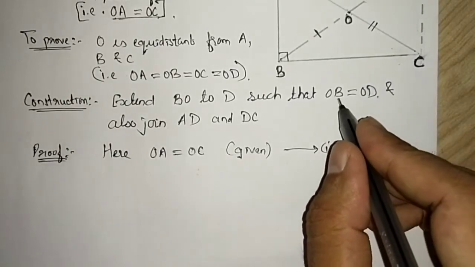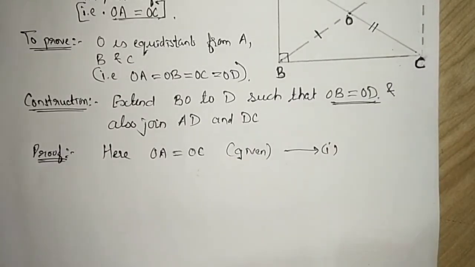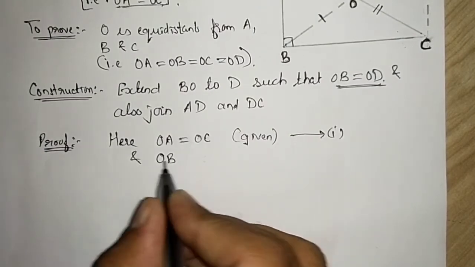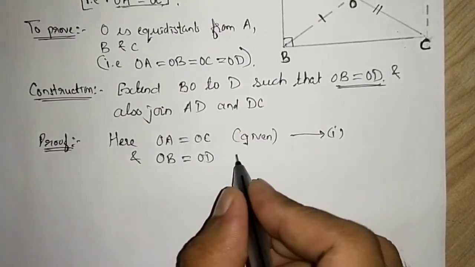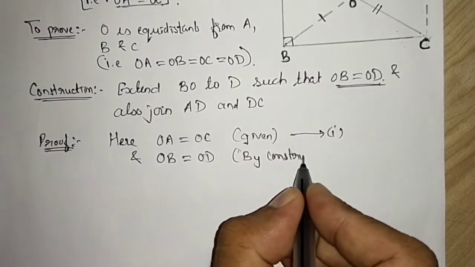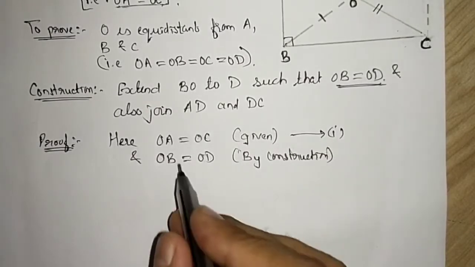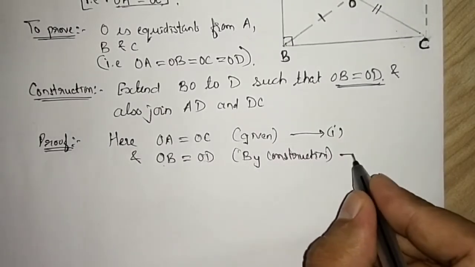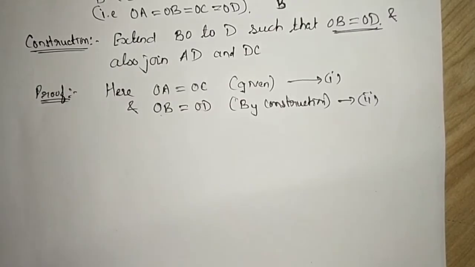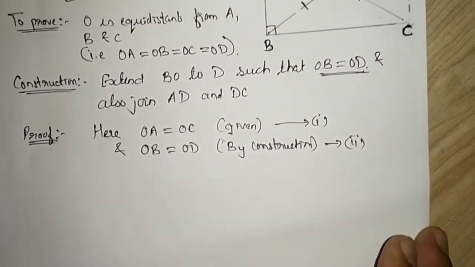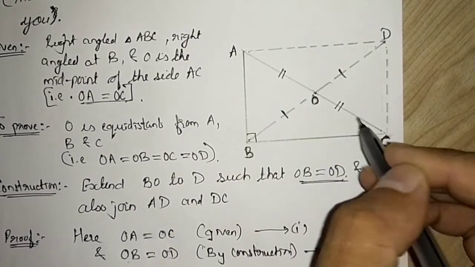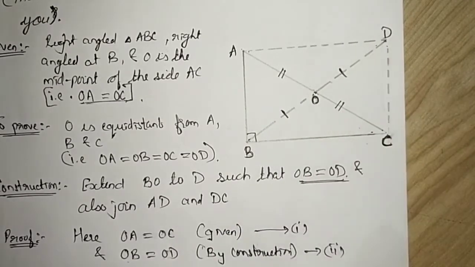And by construction we have drawn OB, and OB is equal to OD by construction. By doing construction we have made OB equal to OD. We will write this as 2. Now students, from 1 and 2 you can see OA is equal to OC and OB is equal to OD.